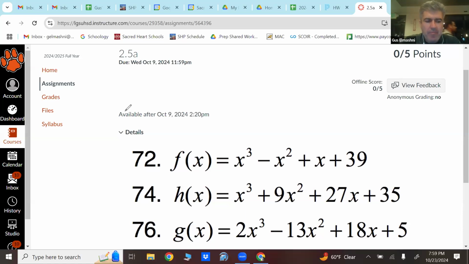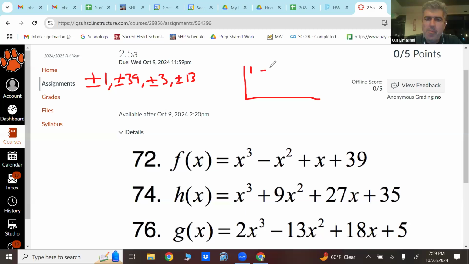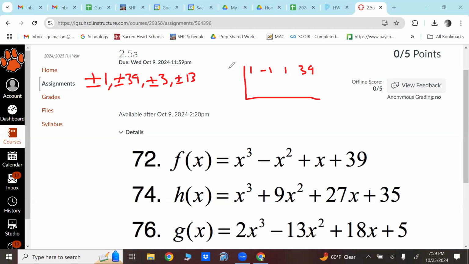So anyhow, do you want to put all the factors of this? Then if you do synthetic division, I think 13 works.